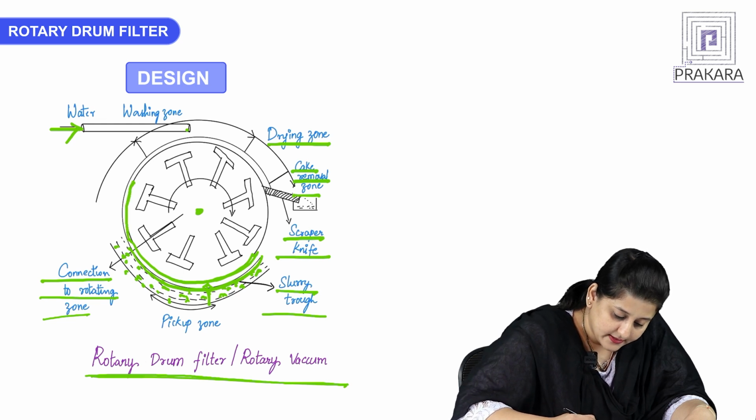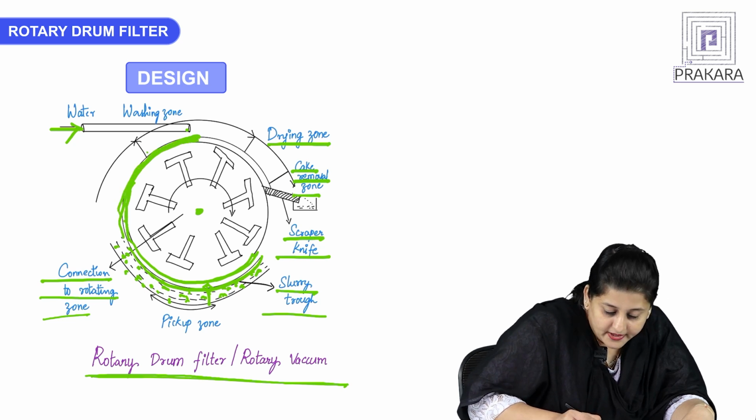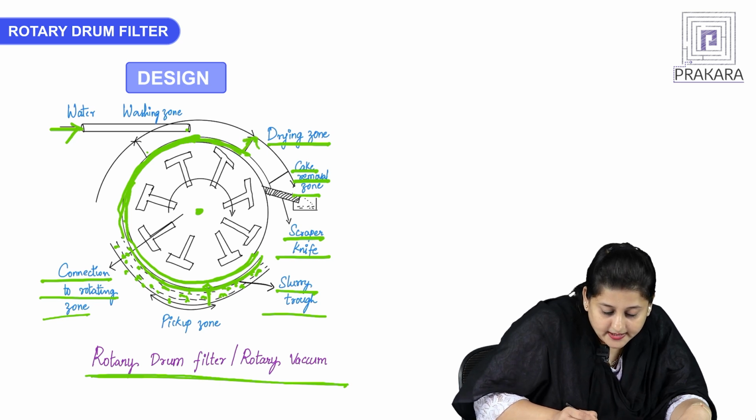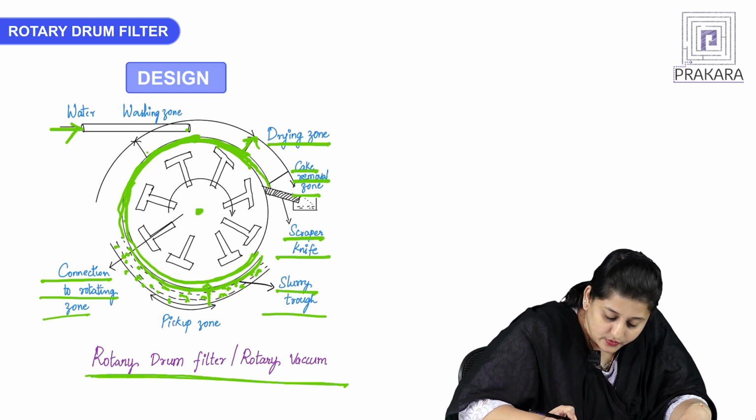From here, this surface which houses the particles of the slurry is subjected to washing, and from there it moves on to the drying zone where the cake deposited on the drum is dried out. Finally, at the last end, before it is dipped into the slurry again, the dried product is separated out with the help of a scraper knife. So in one cycle the filtration is carried out.